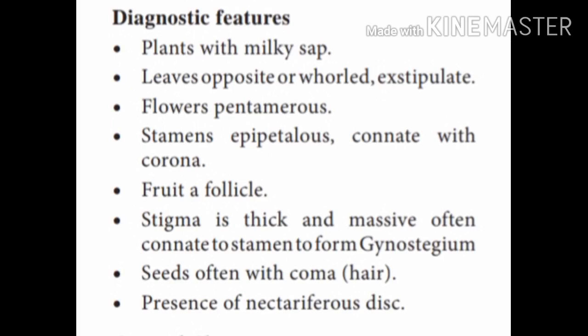Fruit a follicle, a dried dehiscent fruit. Stigma is thick and massive, often connate to stamen to form gynostegium. This is a very important thing because the stigma does not stand alone, it sticks with the stamens. Seeds often with a coma, that is hair, and presence of nectariferous disc, they have nectar present on it.